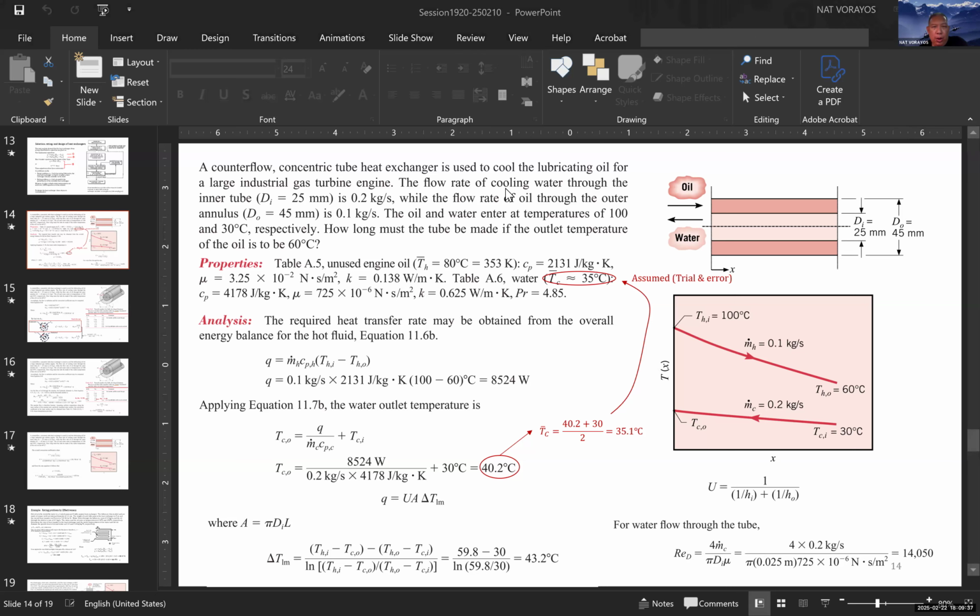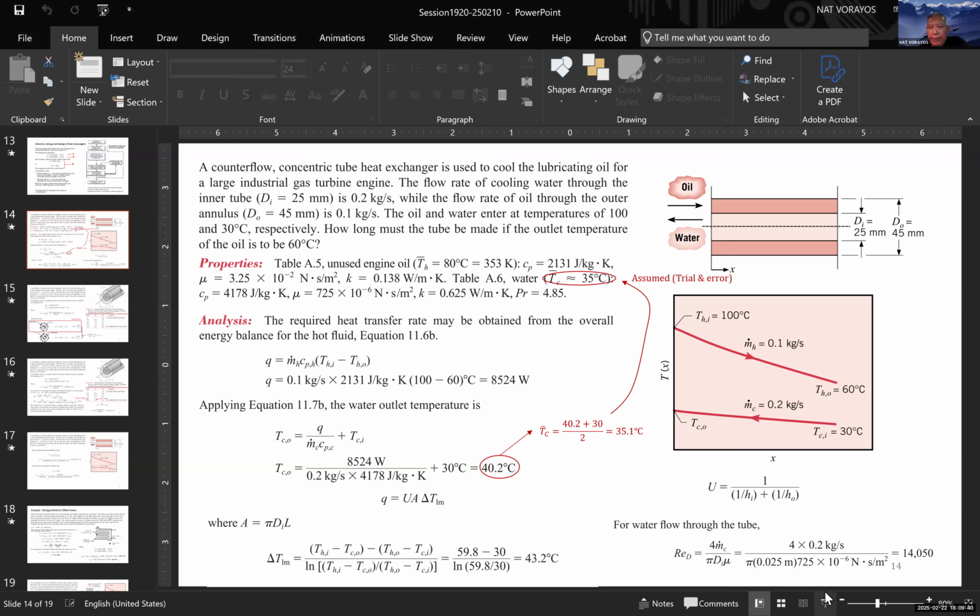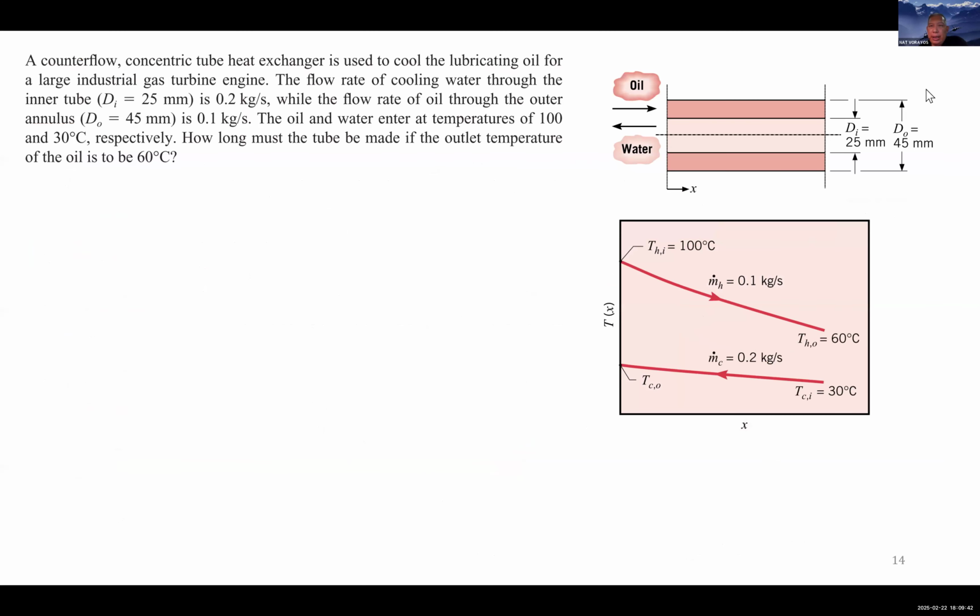Okay, so let me start with this problem then. This problem sets you up with a counterflow concentric tube heat exchanger. It is used to cool the lubricant for a large industrial gas turbine engine, meaning the oil is hot.